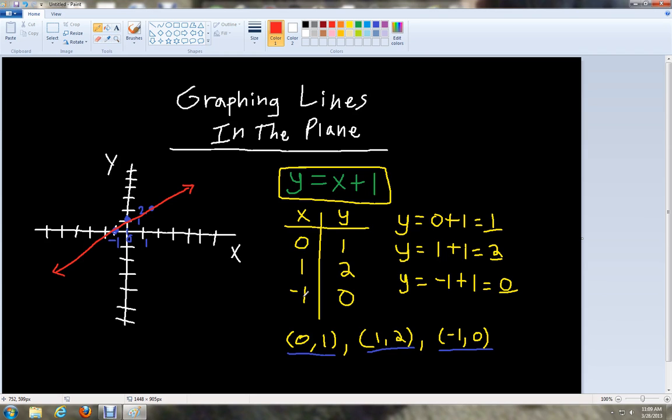But if x gets smaller, to negative 1, y decreases to 0. Later, probably in the next video, we'll see an important aspect of linear equations as far as graphing goes, a concept called slope, of how the y values are changing with respect to the x values for any given line. We'll definitely learn about that.